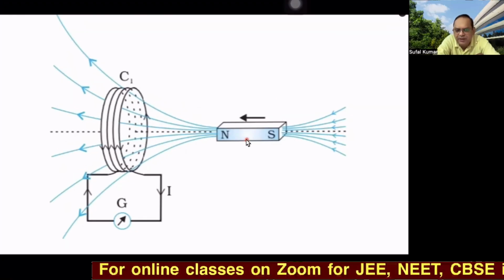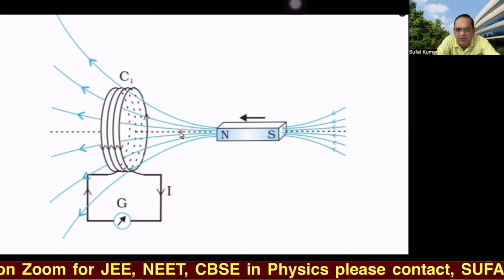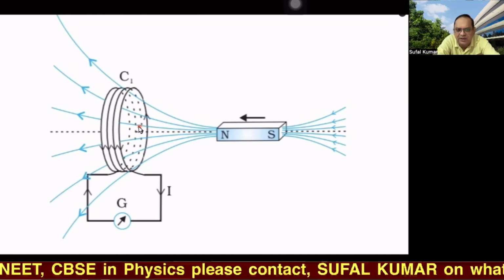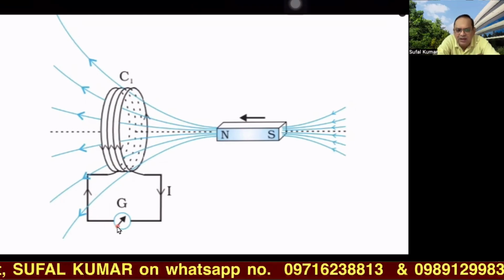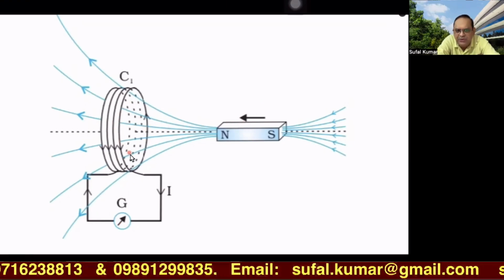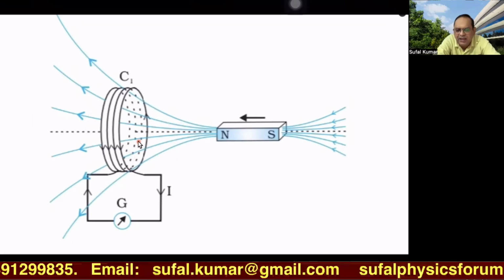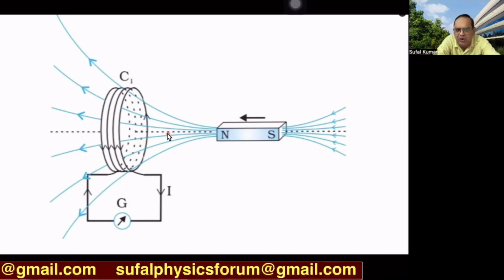In this experiment, what do we observe here? We observe that the North Pole is approaching towards this coil, having one galvanometer connected. Then current will be induced in the coil in such a way that it will try to oppose this approaching North Pole.